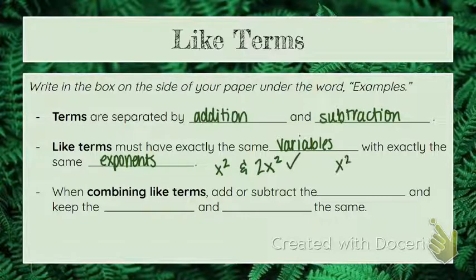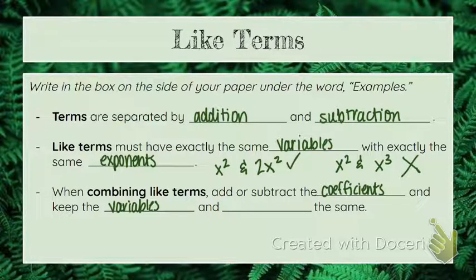But x squared and x to the third, those are not like terms. All right, when combining like terms, you add or subtract the coefficients, so the number in front of the variable, and keep the variables and exponents the same. And we're going to practice this some.